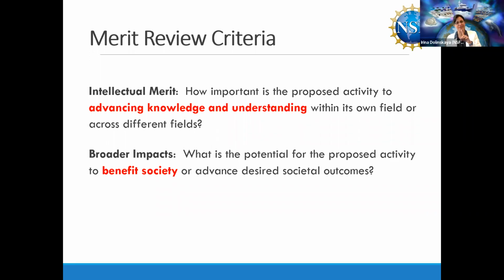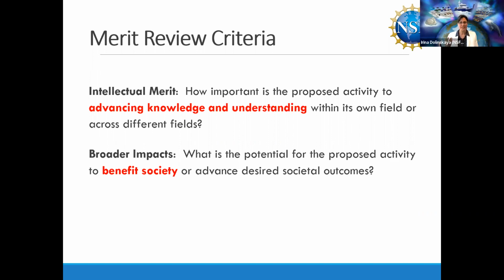So it is another very important thing to keep in mind. When you look, let's say, at NNA as a solicitation, go to the solicitation, find that section and look at what those review criteria are, because we're going to ask reviewers to comment on those. Make answers to those questions very evident and clear to the reviewers.